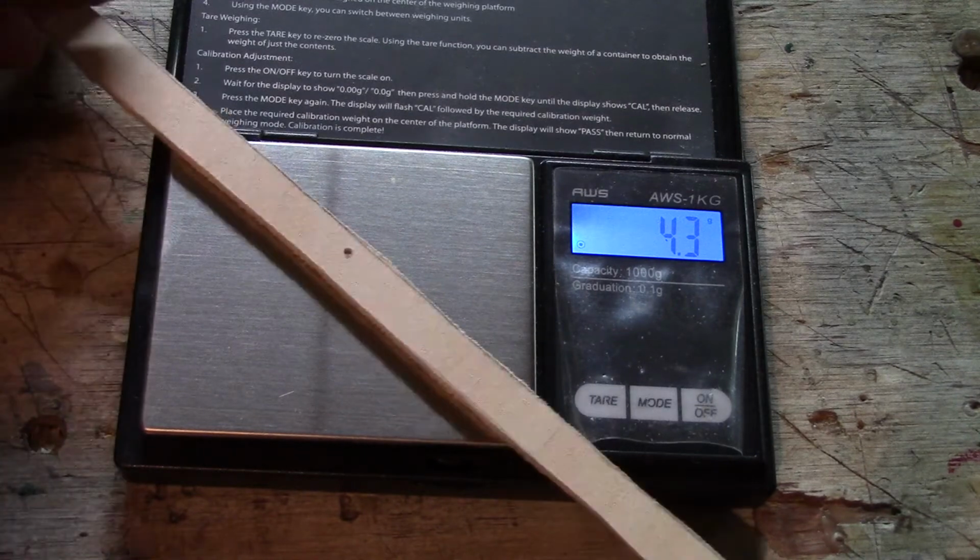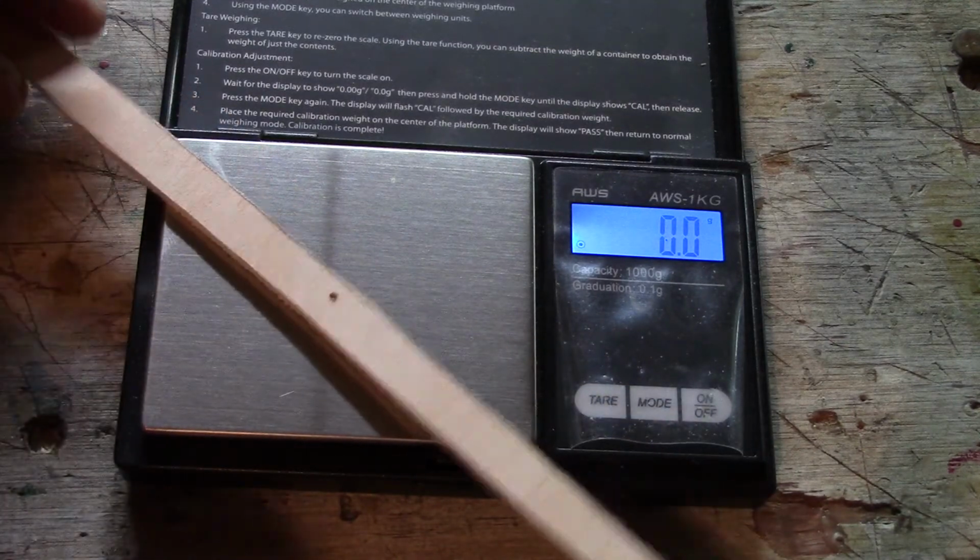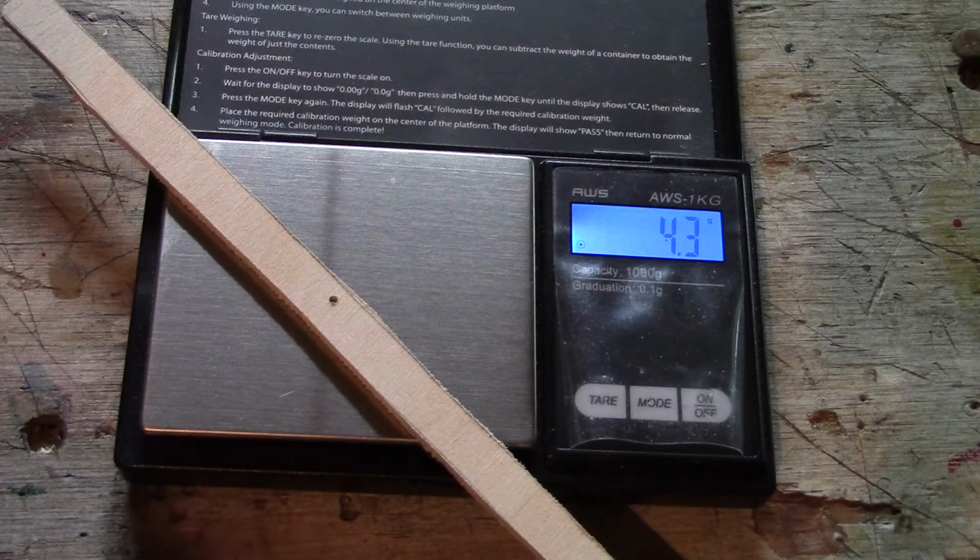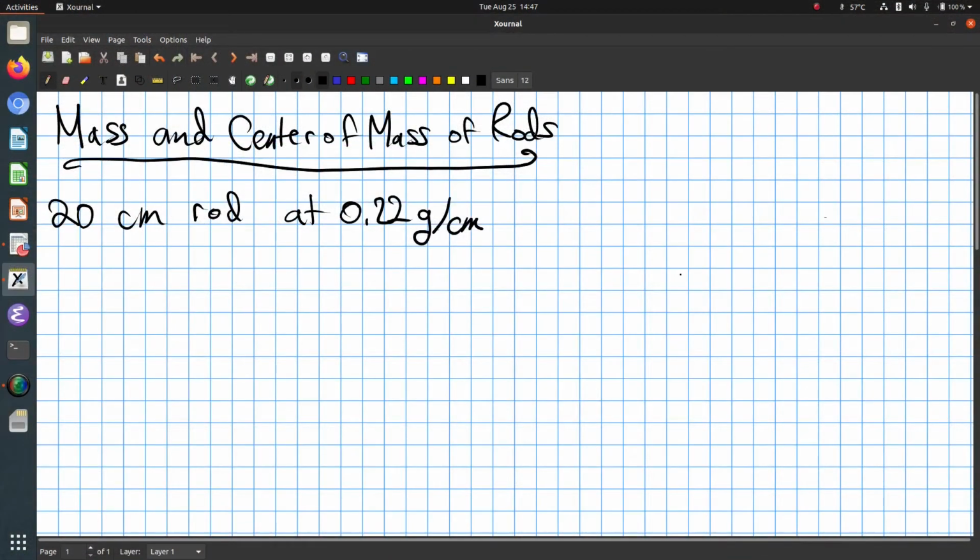While for a straight rod like this, that's not really too enlightening, it turns out to be useful for other shaped rods as well. The 20 centimeter rod then, at 0.22 grams per centimeter, turns out to be about 4.4 grams. You can see that by 20 centimeters times 0.22 grams per centimeter.